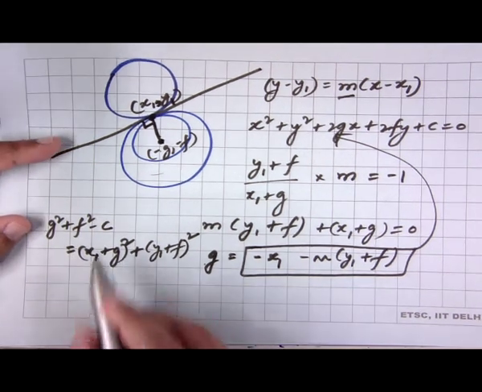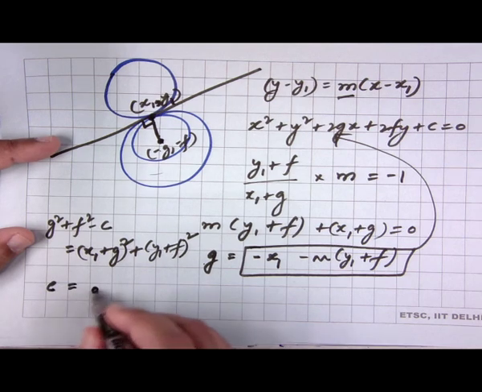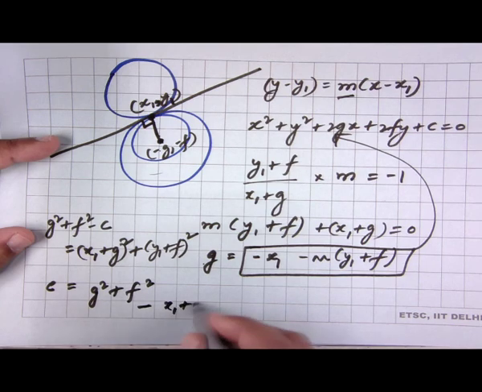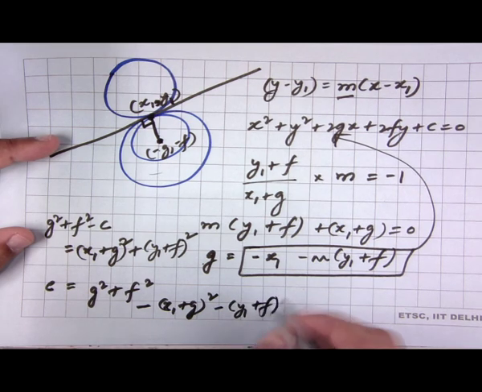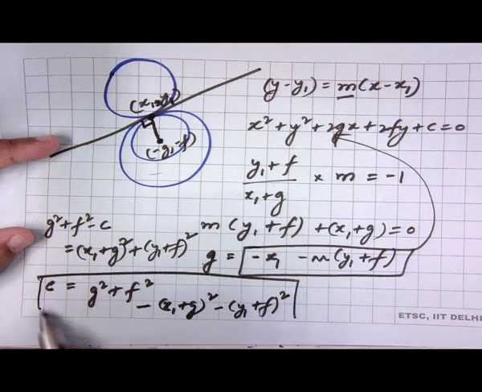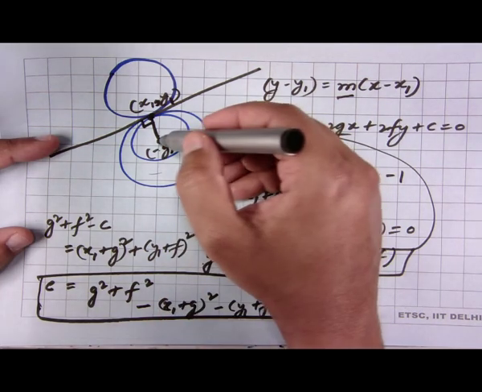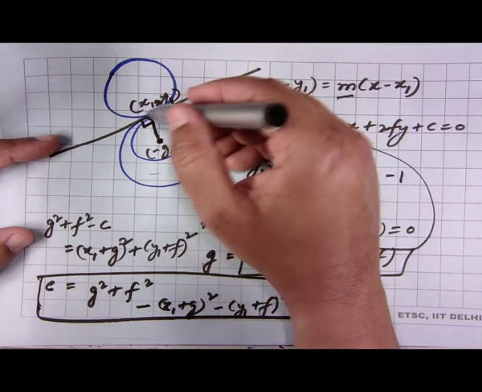So, from here we see that c must be equal to g square plus f square minus x1 plus g whole square minus y1 plus f whole square. So, this is another expression that we get for c in terms of the coordinates of the center of the circle and of course, the fixed point x1 y1.